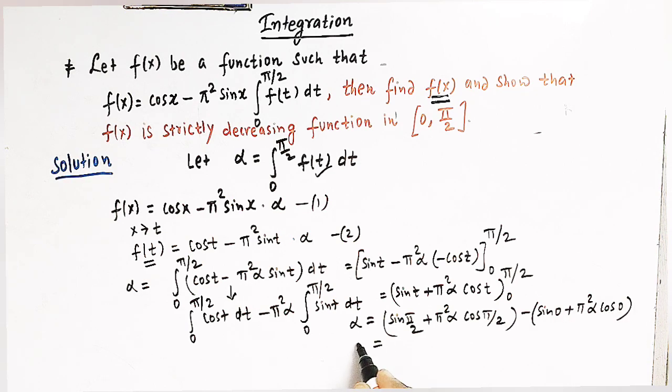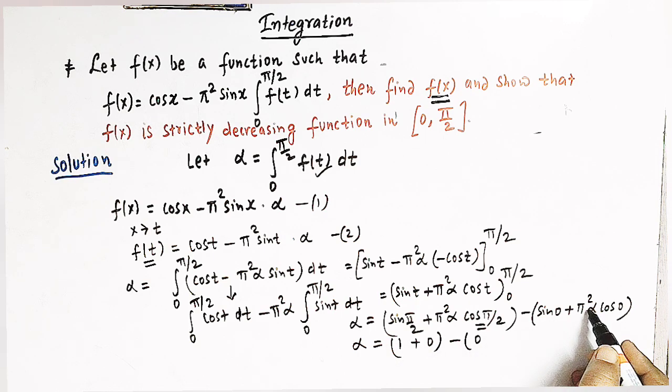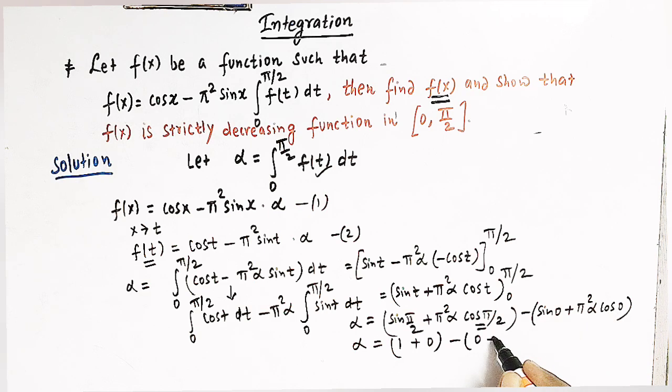Now sine pi by 2 is 1 and cos pi by 2 is 0, so this term is 0, and then sine 0 is 0, and here we have cos 0 is equal to 1. So we have simply pi square alpha times 1, that is pi square alpha.